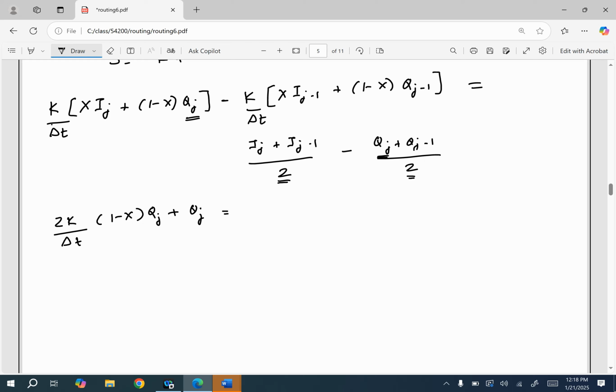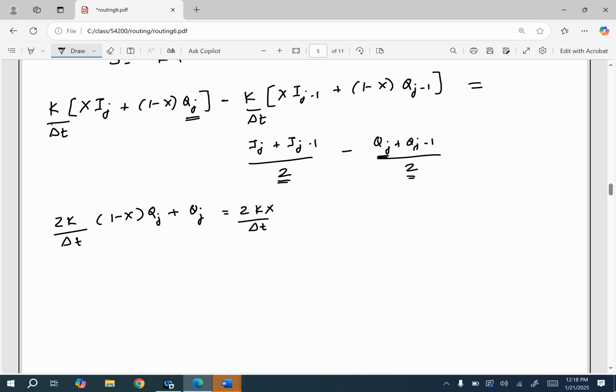Okay, and then on this side we'll start with Ij. So again for Ij I have kx over delta t times 2, so 2kx over delta t, and this will become negative on this side.